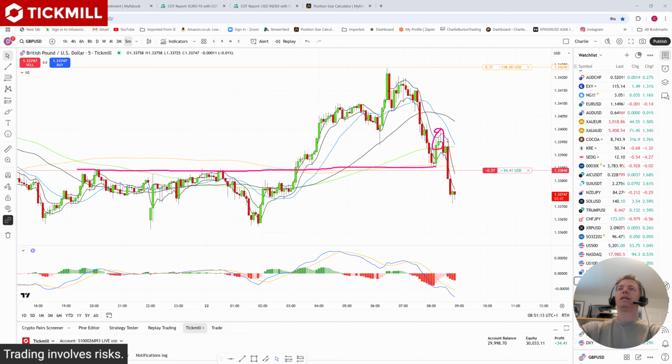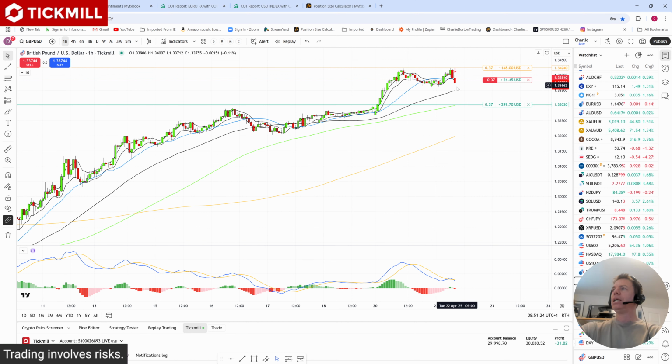Just waiting for it to trigger me in on the downside there. Now, I've said that at some point I would trail that stop down. Let's have a look at that hourly time frame. If price gets down to the hourly 50, which is currently at 133.50, and we're at present at 133.74, then if we get down to 133.50, I'll trail that stop down to about 134.15 area.